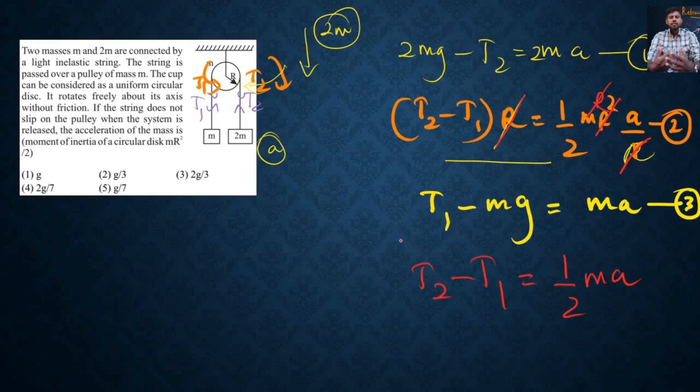I can get T2 minus T1 by adding the first and third equations. You can try a different method for sure, but this is the method I'm going to follow. So I'm adding 1 and 3.